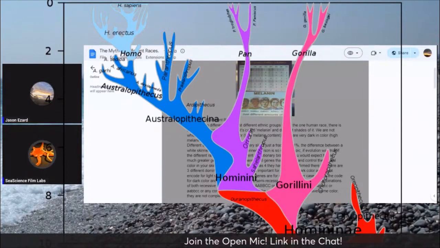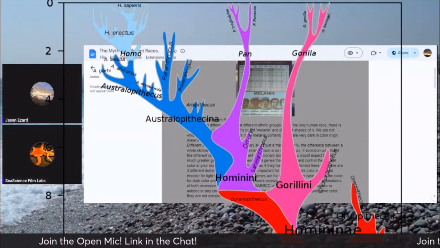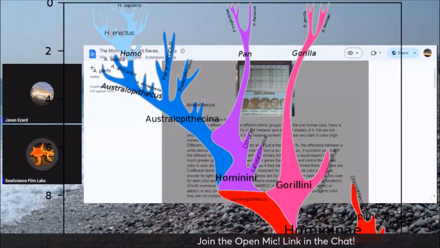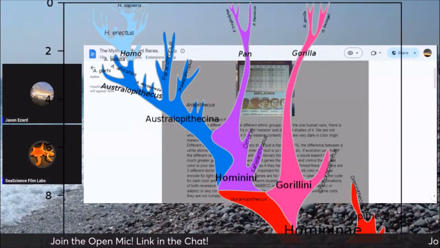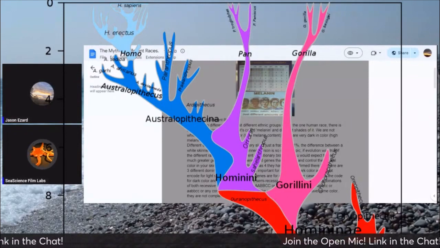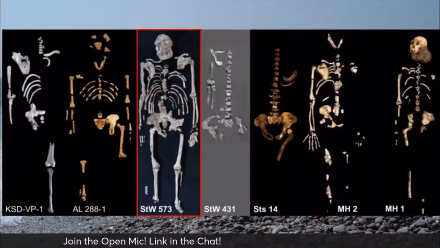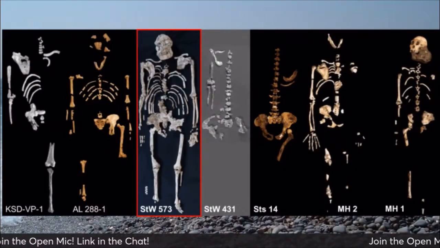Do you see my point though? It's more gorilla-like than it is even close to a chimpanzee, the skull. So how does that make sense on this phylogenetic tree? If they're trying to claim that this thing's an Australopithecus, why are the bones so gorilla-like? This is their best example of an Australopithecus skeleton.